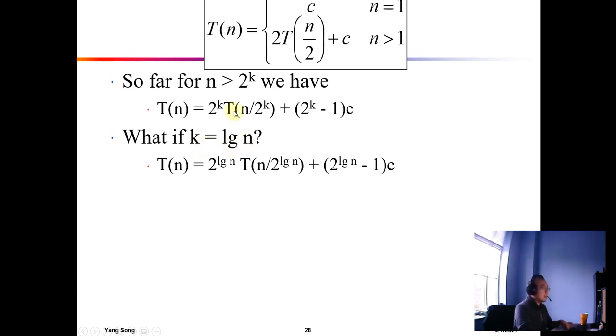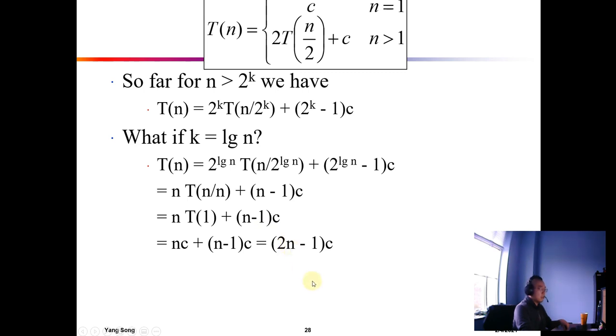And then we replace k with log2 n, and then we can solve this recursion, and eventually you will get n T(1) plus (n minus 1) c. So T(1) is what? T(1) will be a c, so this one will be a constant. So a constant multiplied by n plus (n minus 1) multiplied by a constant. So eventually we will have this, and this is a polynomial version of the T(n).